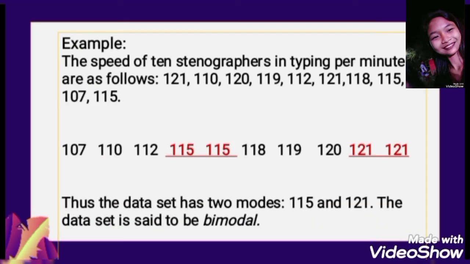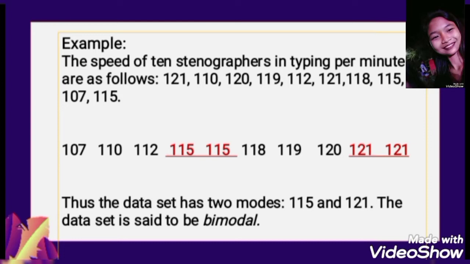Another example: the speeds of 10 stenographers in typing per minute are as follows: 121, 110, 120, 119, 112, 121, 118, 115, 107, and 115.